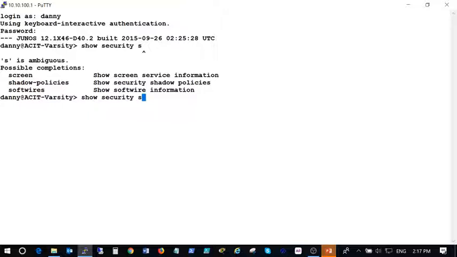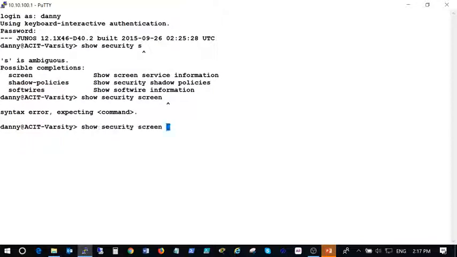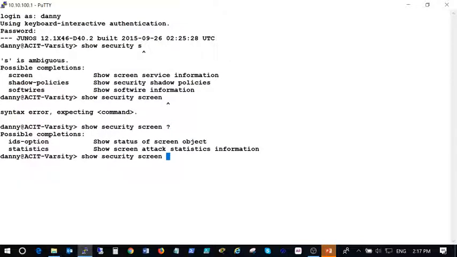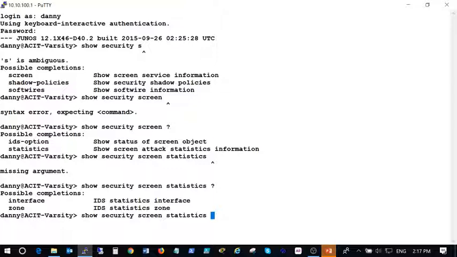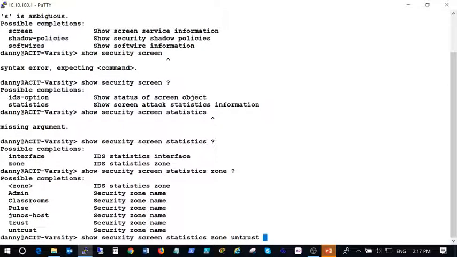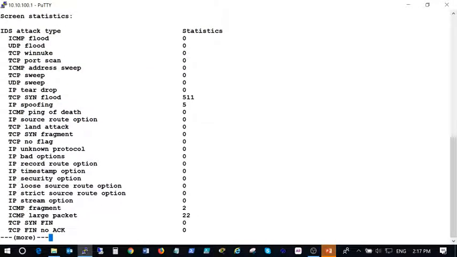We want to look at screen, and let's look at our stats to see what we've got in there. Let's do zone, let's do untrust. Okay, so we've got screen options configured.